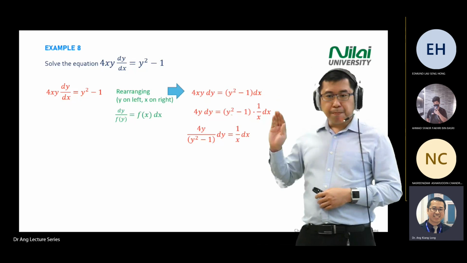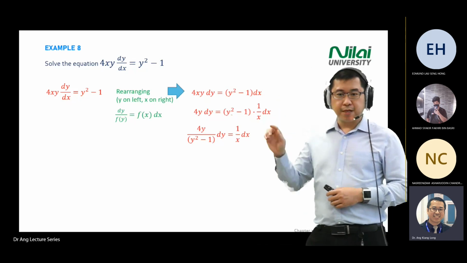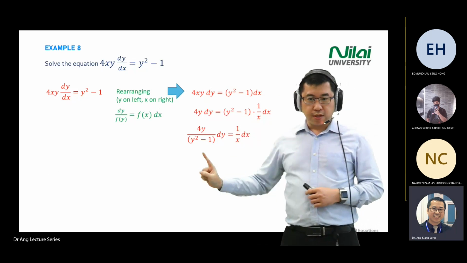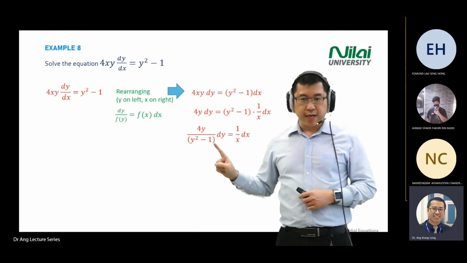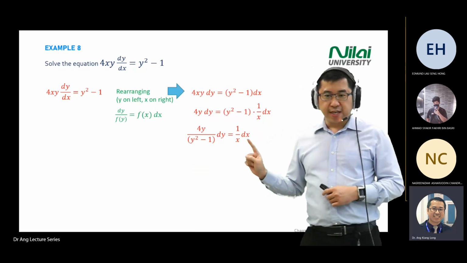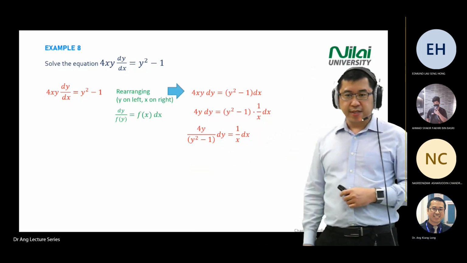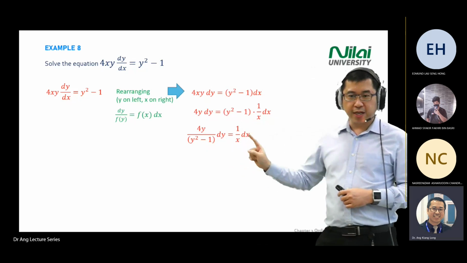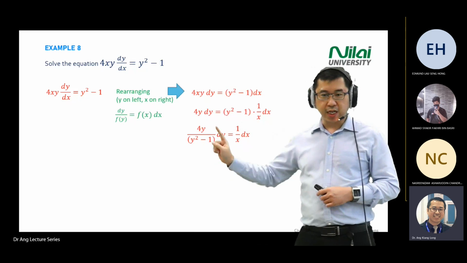The main purpose for this kind of equation is to get this form where dy and y are on one side, dx and x on the other side. Make it clean, meaning there's no mixing of y over here, no mixing of x over here.